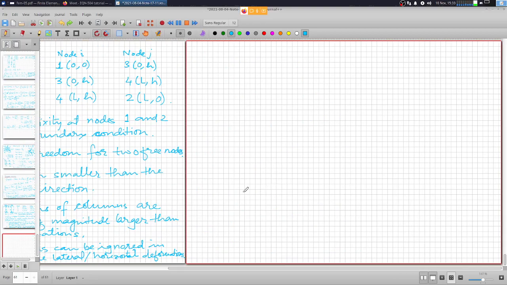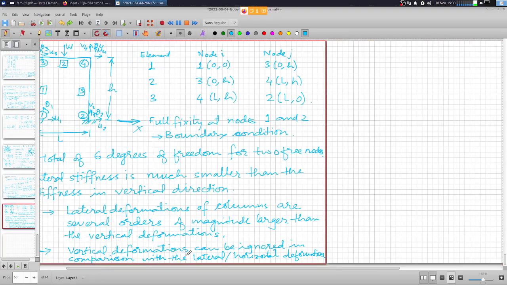Right? So vertical deformations can be ignored if those are very small in comparison with the lateral deformations.